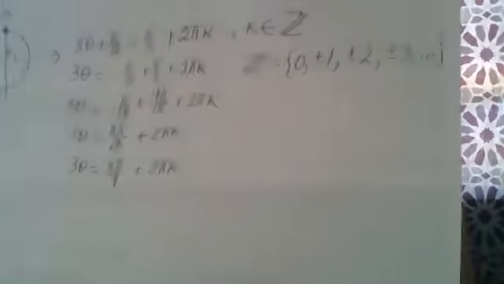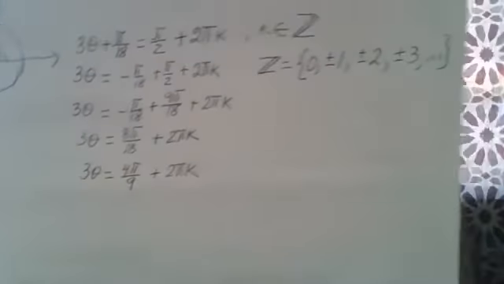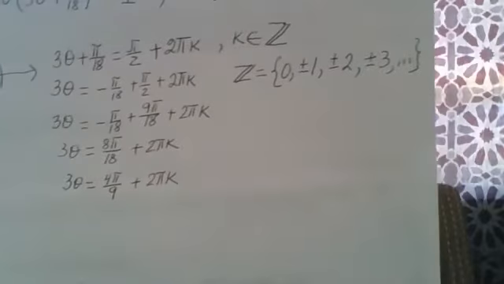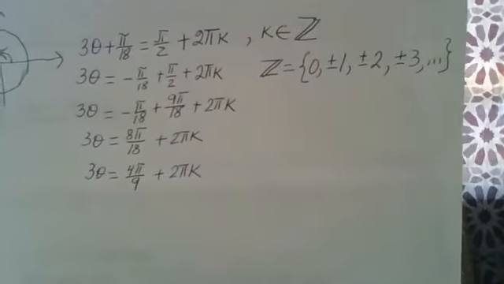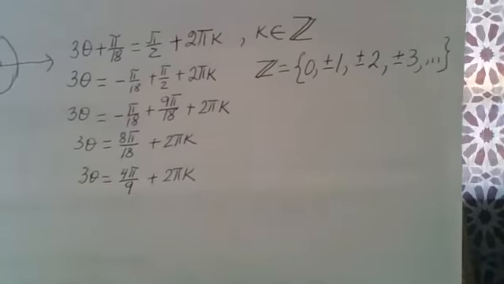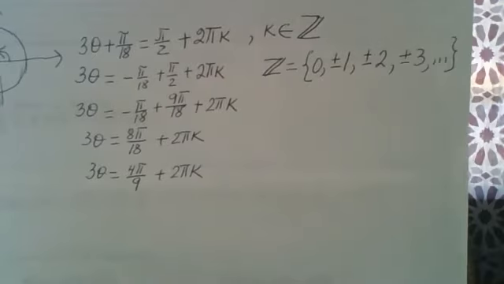Can we cancel by 2? Yes. So it will be 4 pi over 9, right? So can you see, right now I stopped actually working with trigonometry. I am using algebra. This is what we did, simplifying that addition of 2 fractions.